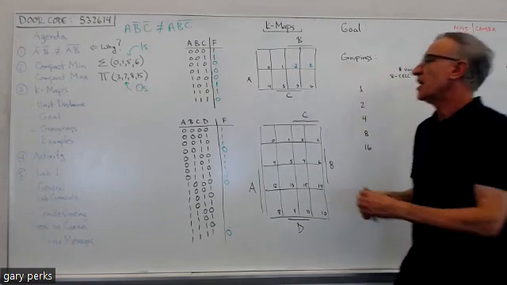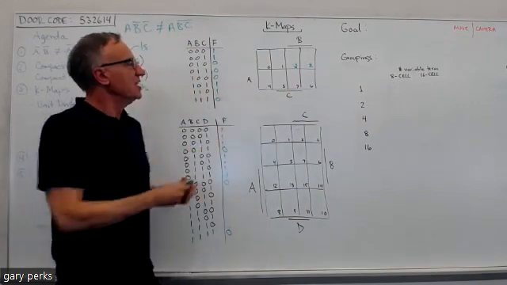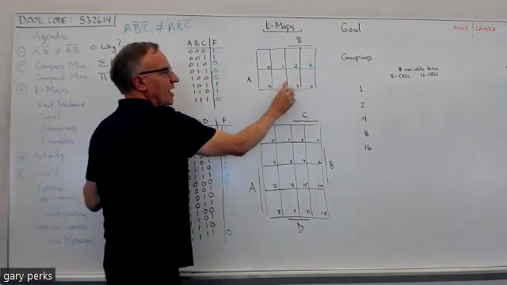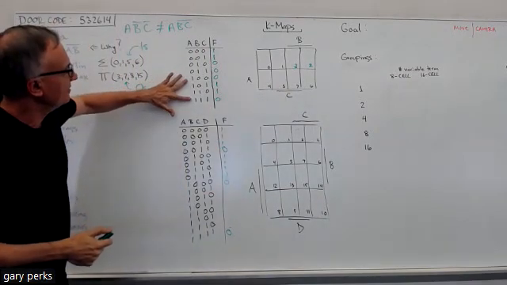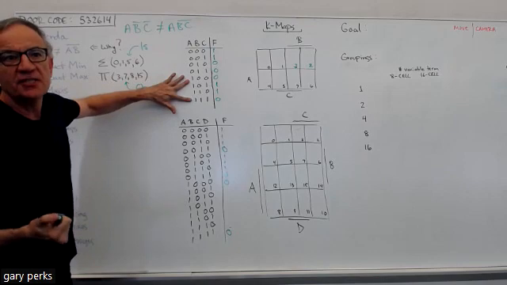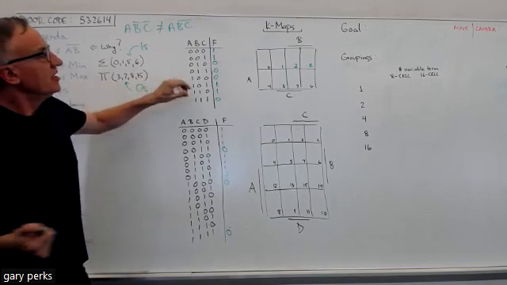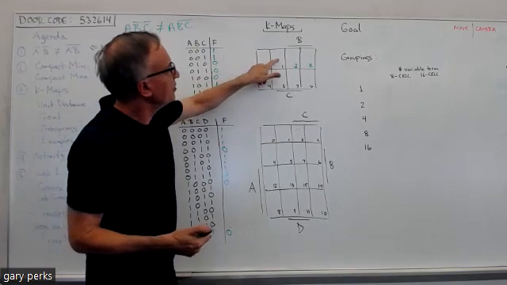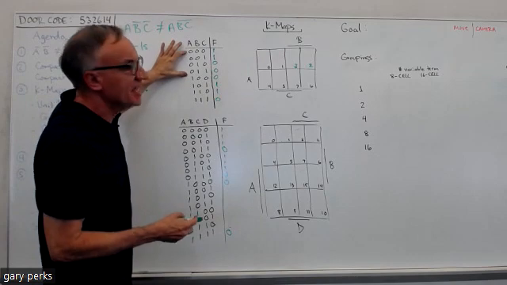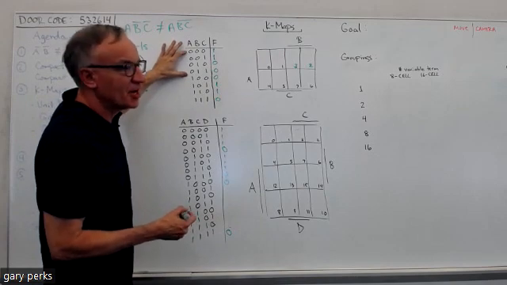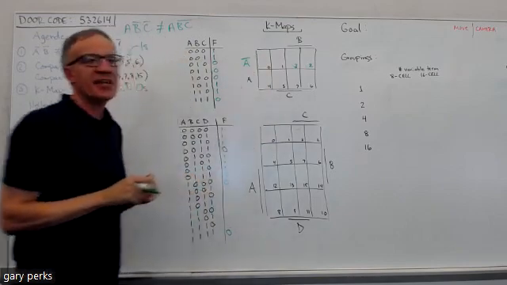The reason you see an A for this row is because if you look at 4, 5, 6, and 7 in the truth table, A is 1 for all those indexes. Likewise, for 0, 1, 2, 3, A is 0 for those binary numbers. So you could also write not A next to that row.